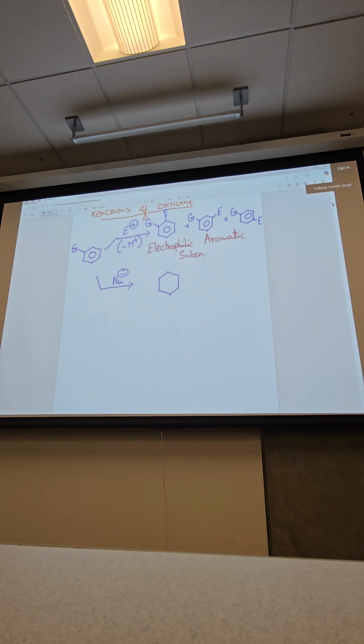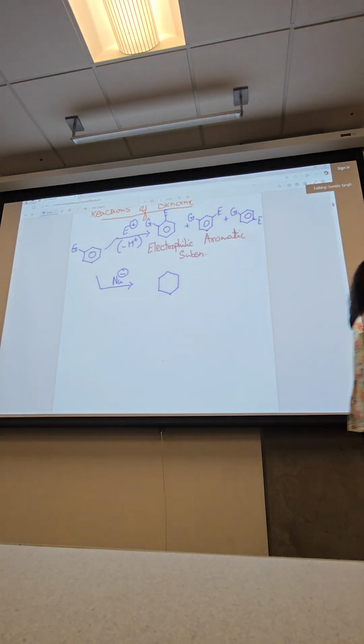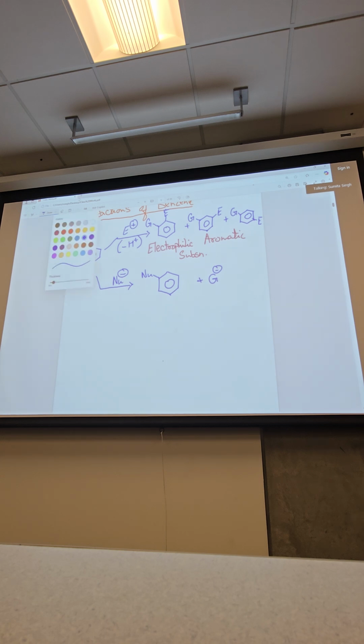And H plus cannot be substituted by something that's electron rich. So this is a reaction where the group, whatever the group is, and we'll look at that, is substituted by the nucleophile, and of course the group, whatever that was, is kicked out. This reaction is called nucleophilic aromatic substitution reaction.